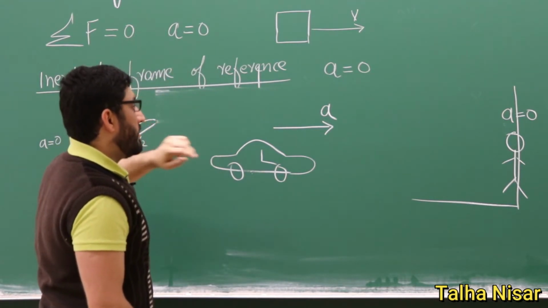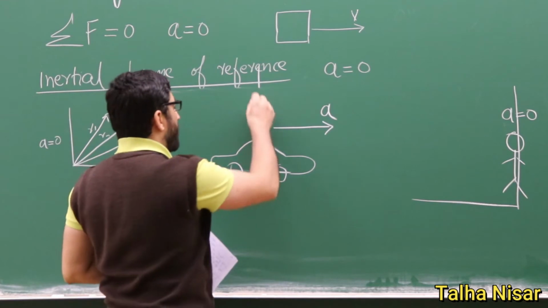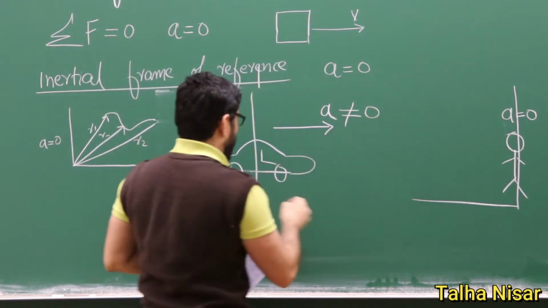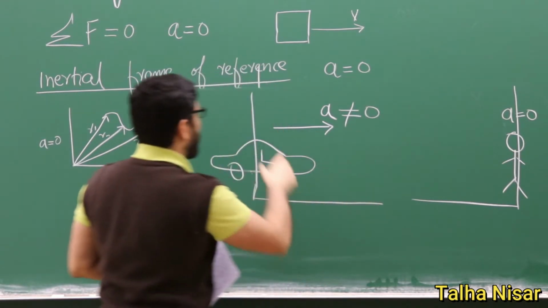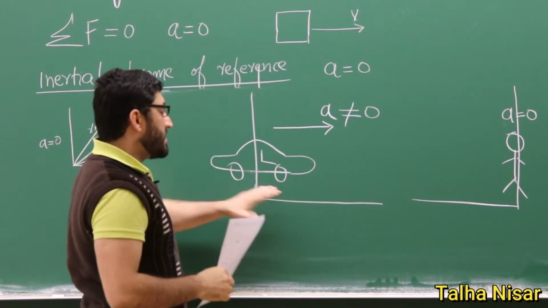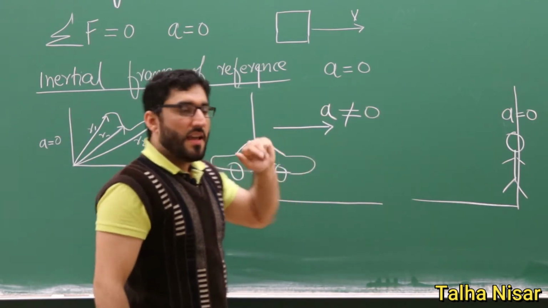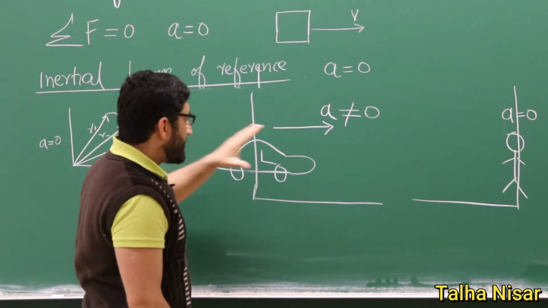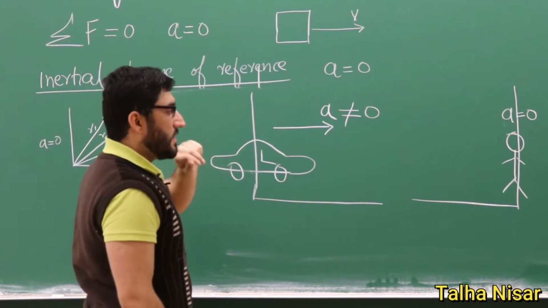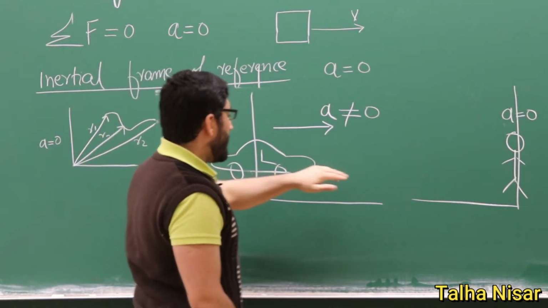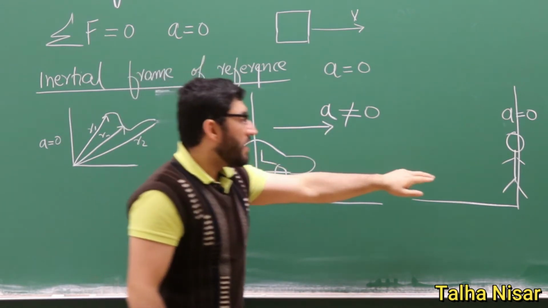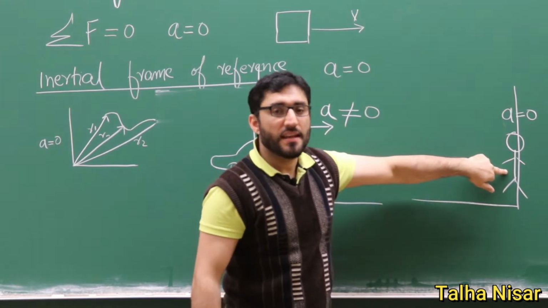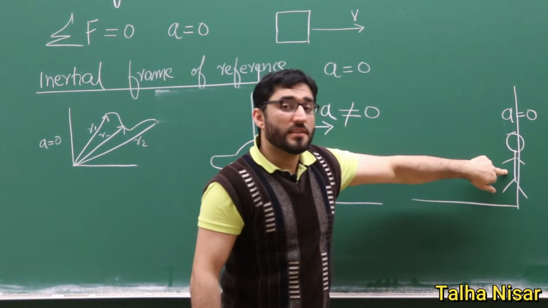So this law holds in this case. But now, for example, we take the car which is accelerated. So here the acceleration is not equal to 0. And we take the car itself, which is accelerated in this direction, as our frame of reference. This car is moving and accelerating towards this person who is standing on the road and is not moving.